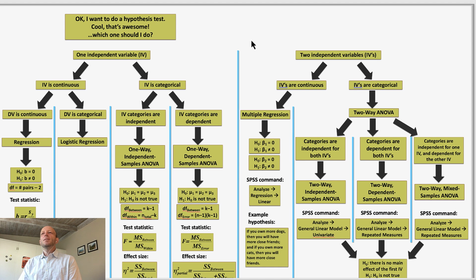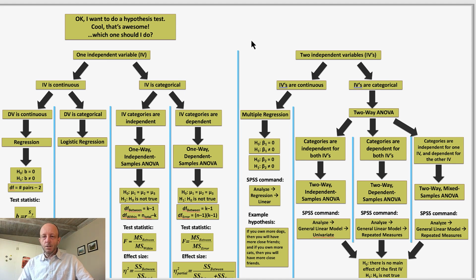Okay, so we've determined we have two IVs and they're categorical. So one is I do statistics or I don't. The other is I drink coffee or I don't. Categories. Are they independent? If they're independent, you make this decision twice. Once for the first IV and once for the second IV. So the first one is independent if we have a group that does statistics and a group that doesn't do statistics.